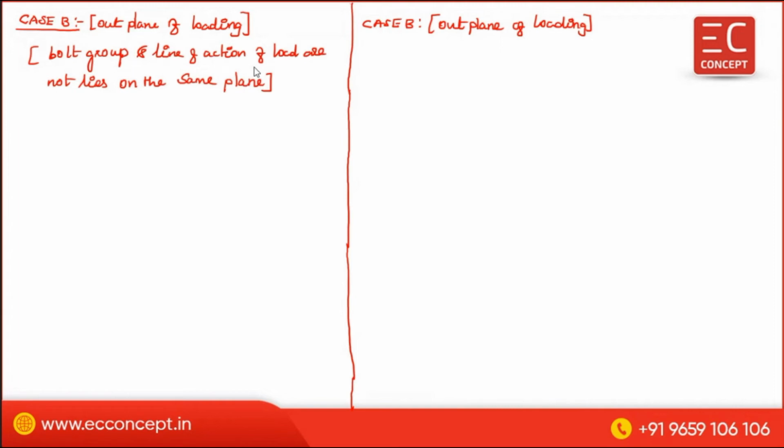In a similar manner, what is the meaning of out-of-plane loading? That is, the weld group and the line of action of the load do not lie on the same plane.